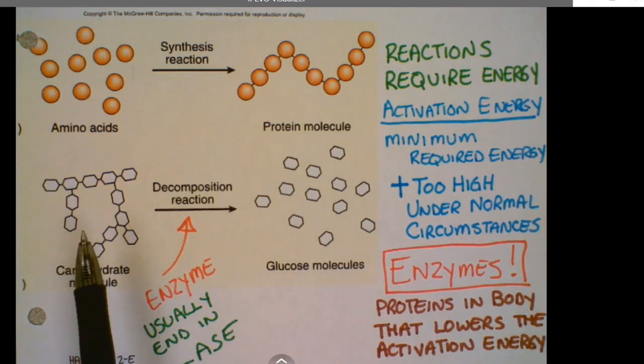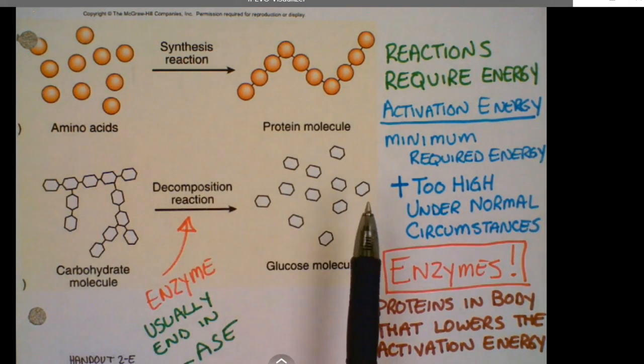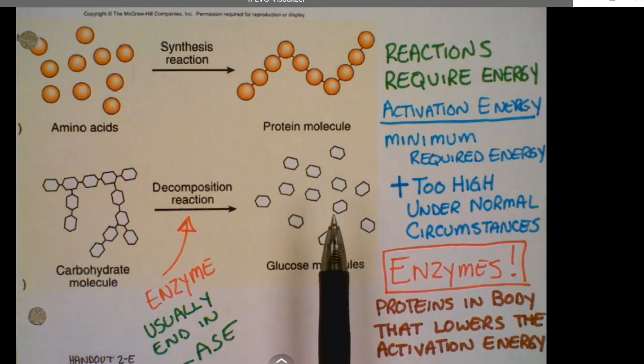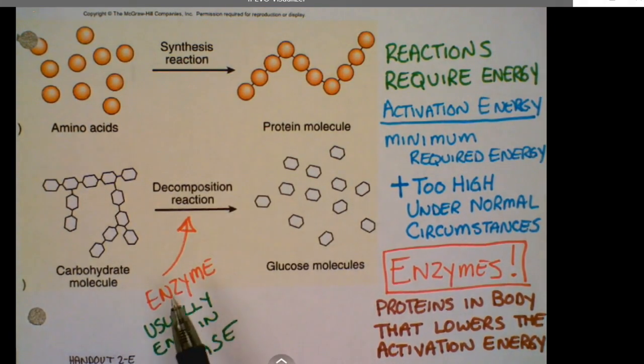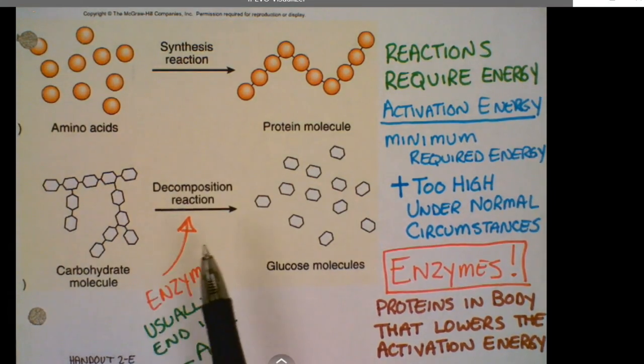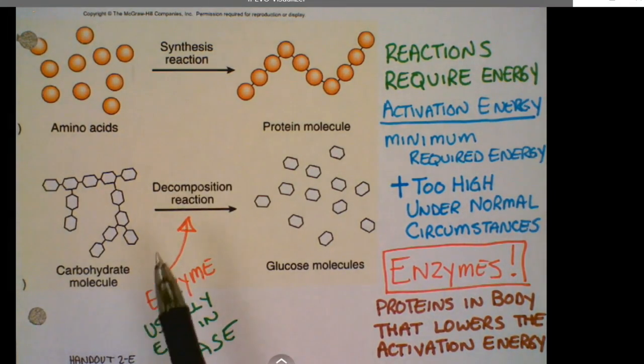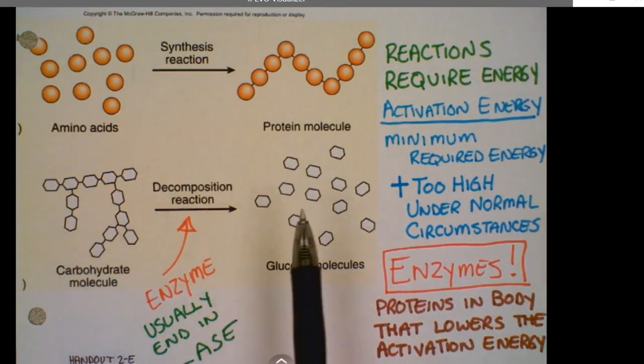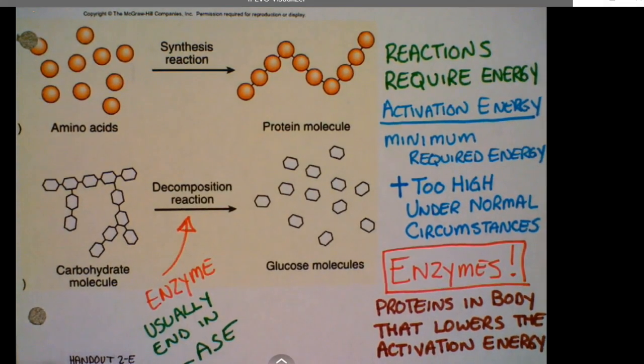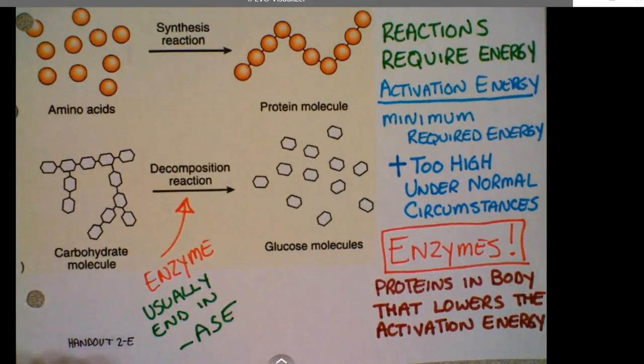So we can take this carbohydrate, we can break it down into separate glucose molecules at 98.6 degrees because we have an enzyme that can be activated to cause that chemical reaction. Now, here at the bottom, all I have here is just a little tip. Usually enzymes will end in the suffix ASE.